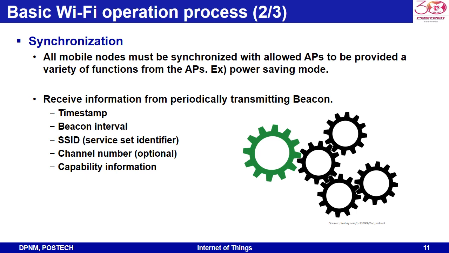Base stations send a signal called a beacon at regular time intervals. This beacon contains useful information about the base station, such as timestamp, beacon interval, SSID, the channel number, and capability information, and so on. You could get this information.